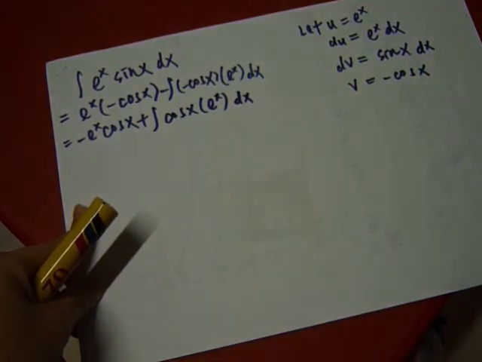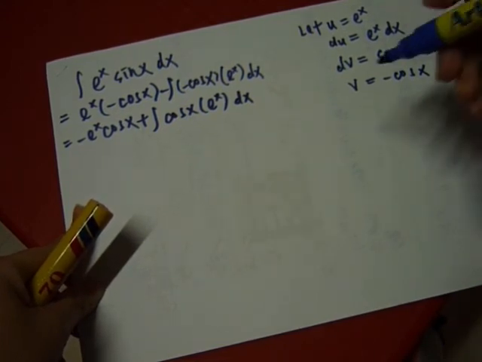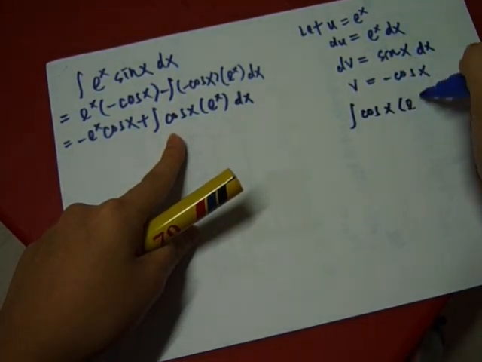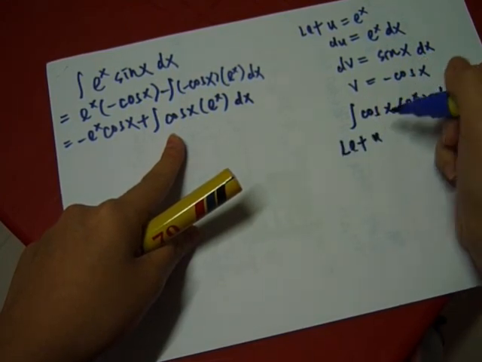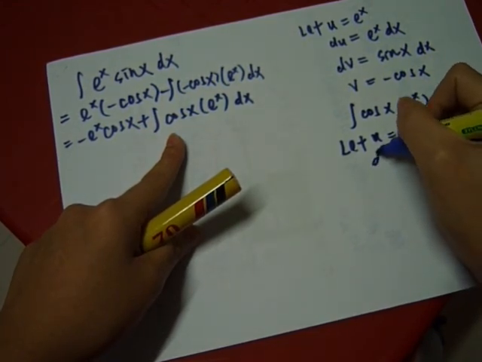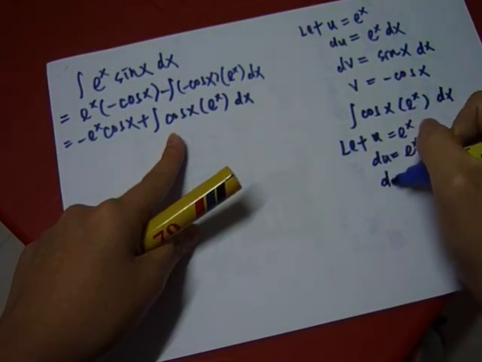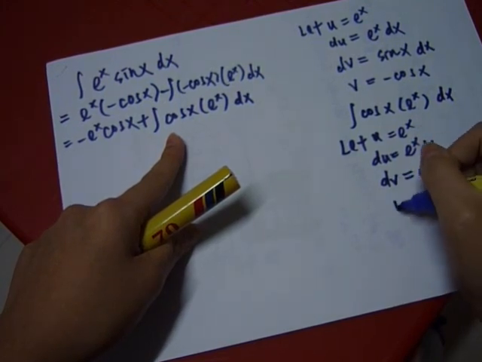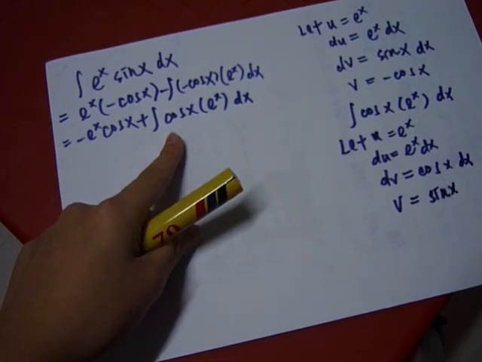From the third example I mentioned, we should keep using the same substitution, which is cos x e^x dx. Then we let u equal e^x, then we will get du equals e^x dx, and let dv equal cos x dx, then we will get v equals sine x.